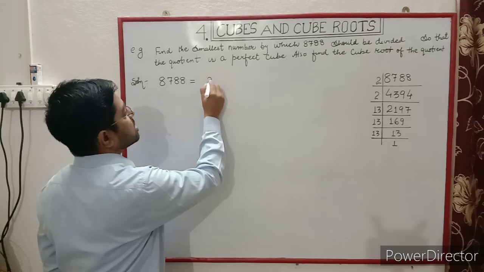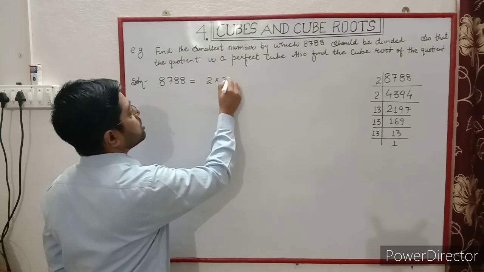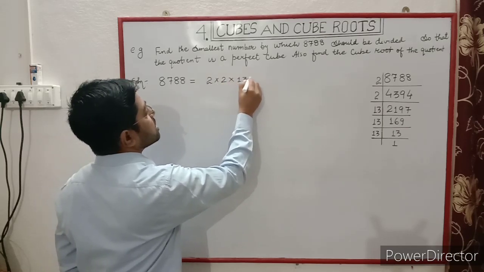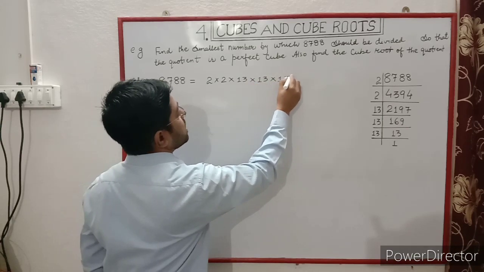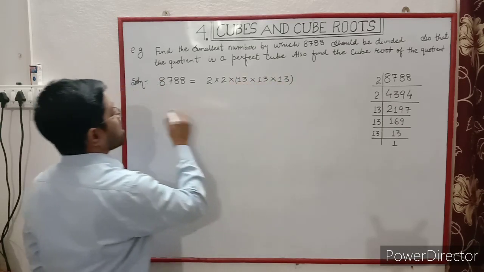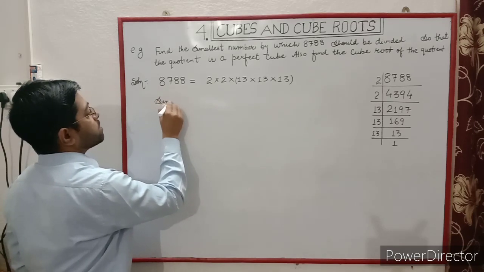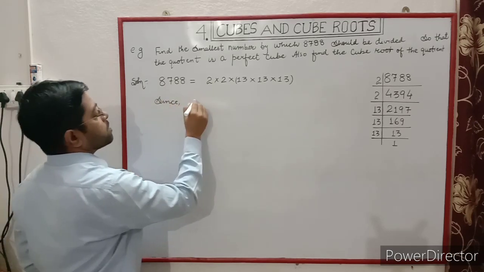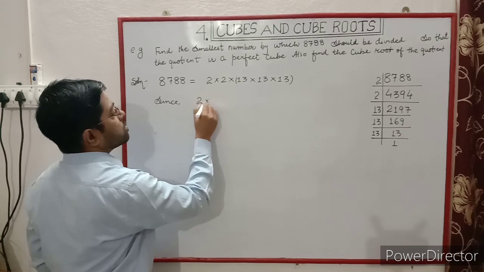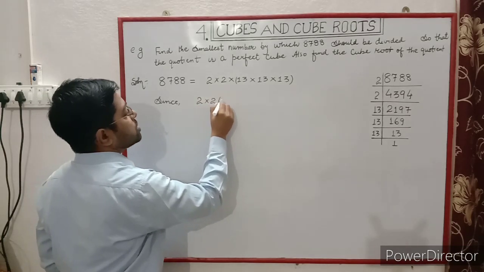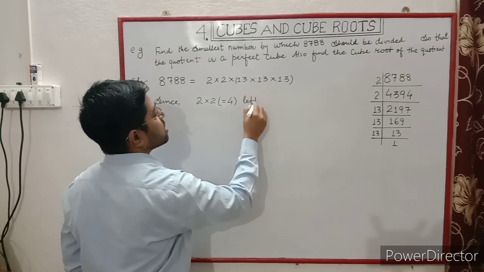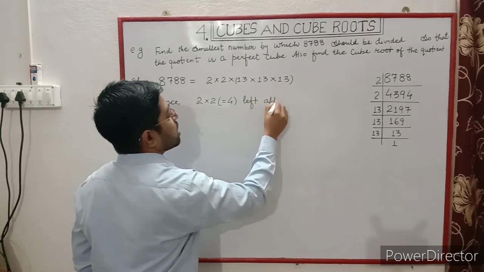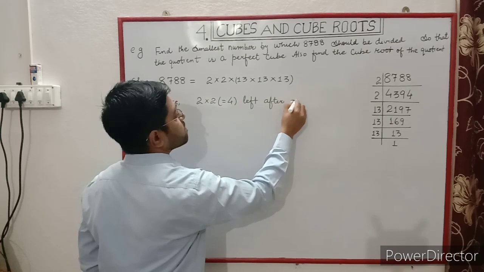So we can write here 2 into 2 into 13 into 13 into 13. Now grouping, since 2 into 2 is equal to 4 left after grouping.